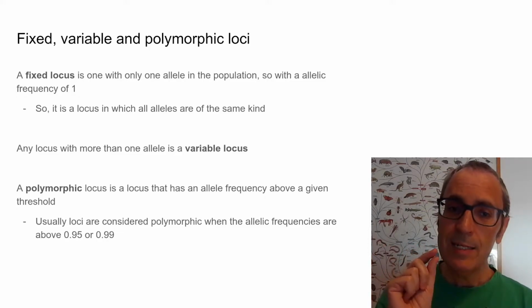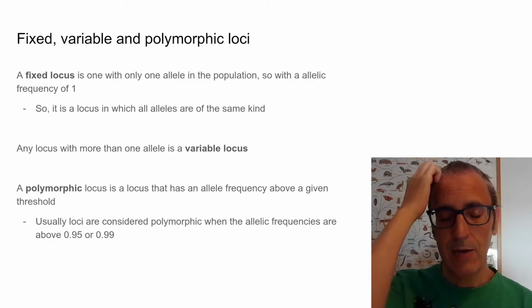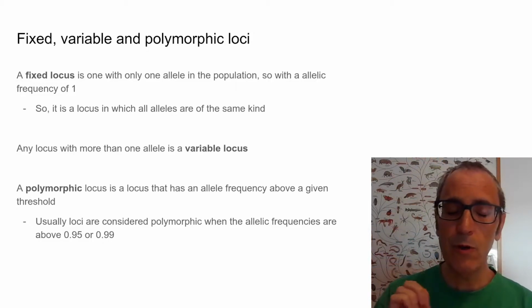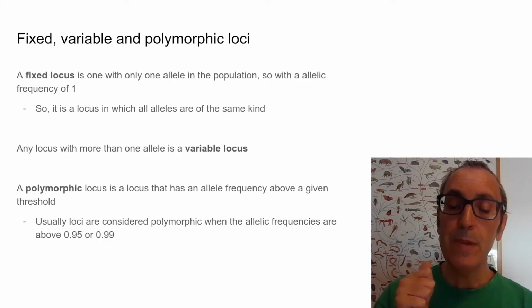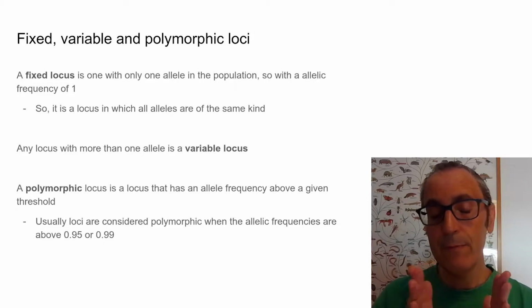But there's something very important here. Usually, when we say that a locus is polymorphic, we do not mean by that that it is variable. Variable means that we have at least two alleles, so there are individuals with two different alleles. Polymorphic means that the major allele has a frequency below a threshold.